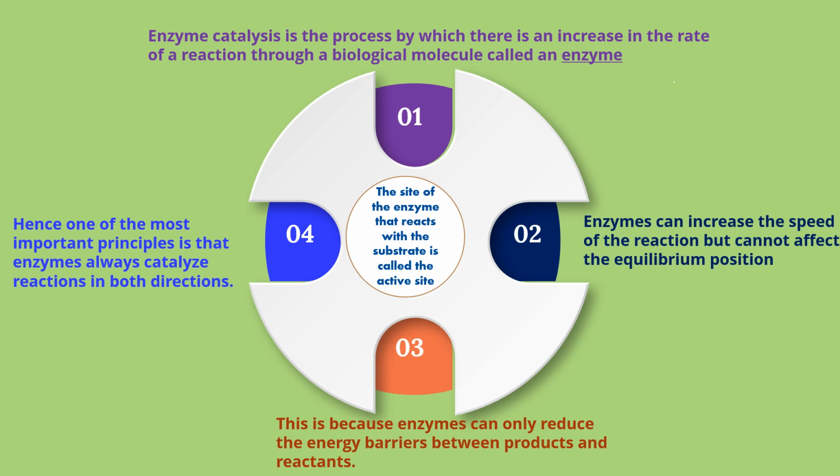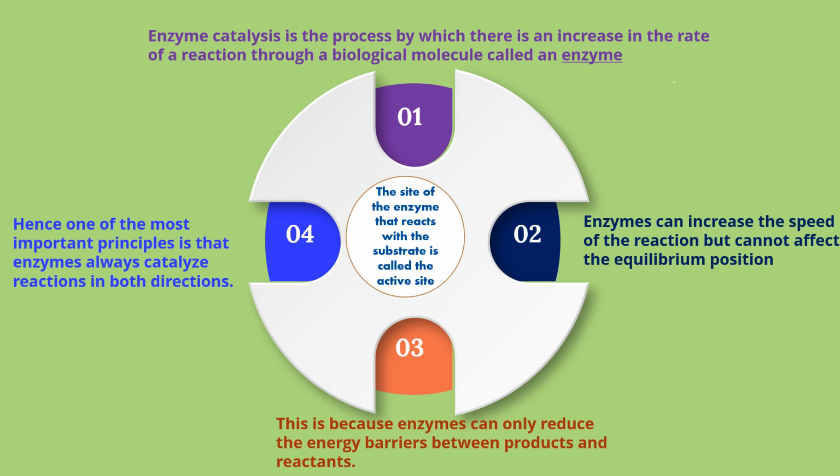So now, looking further at enzyme catalysis, it can be considered as a process by which there is an increase in the rate of a reaction through a biological molecule called an enzyme. Here, the enzymes can increase the speed of the reaction but cannot affect the equilibrium position.